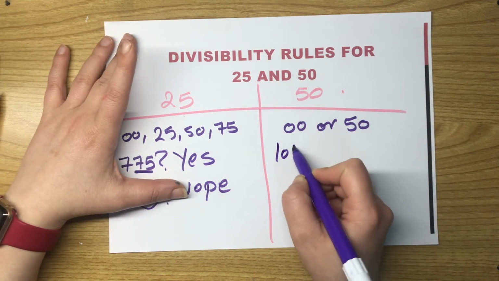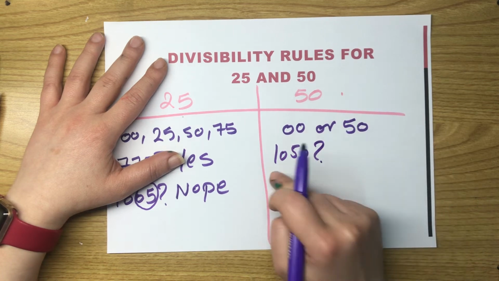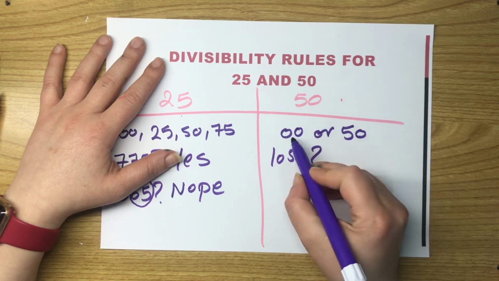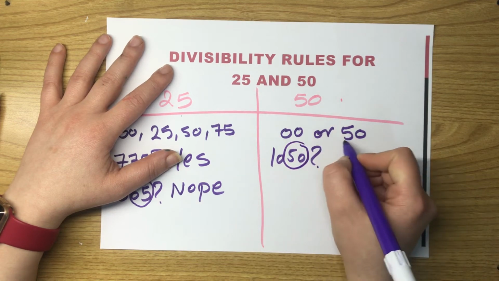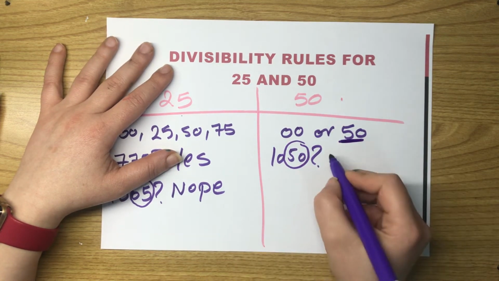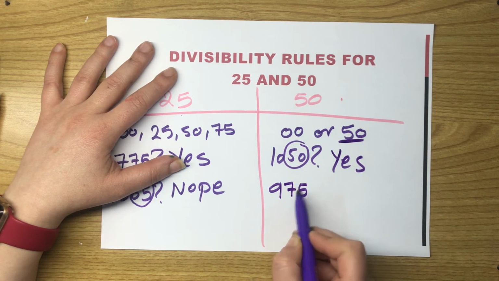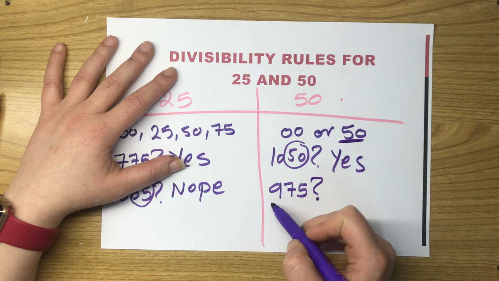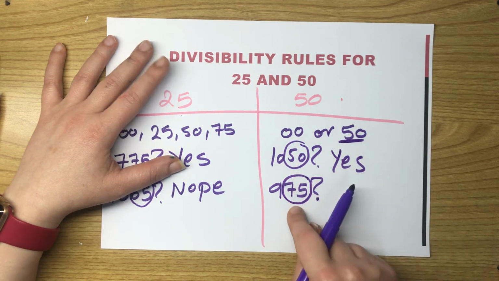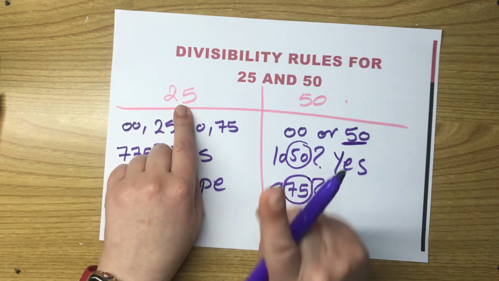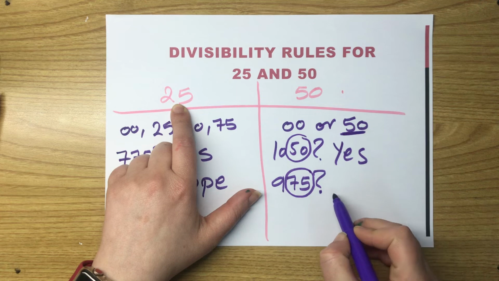Is 150 divisible by 50? Yes, because the last 2 digits are 50. Is 975 divisible by 50? Look at the last 2 digits. It's 75. It is divisible by 25, but not divisible by 50. So, nope.